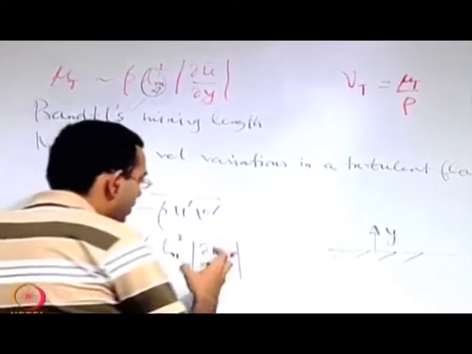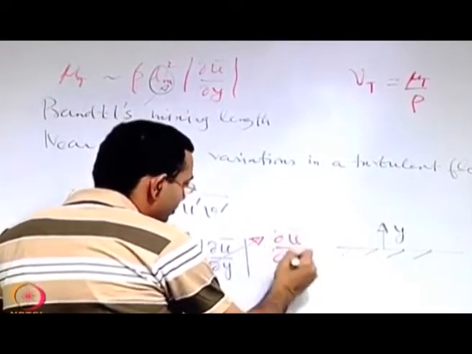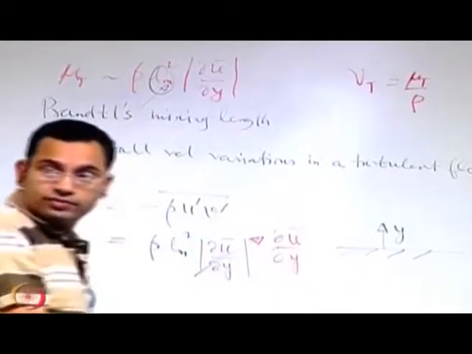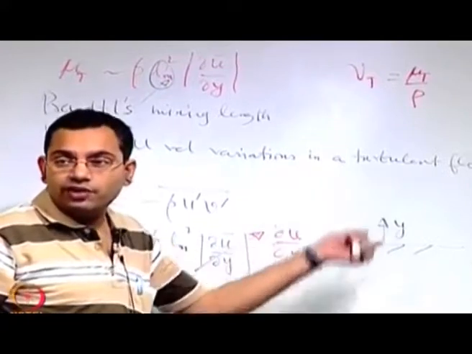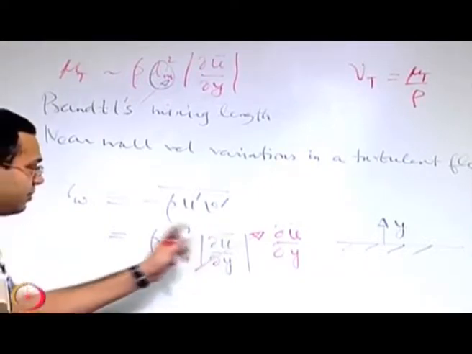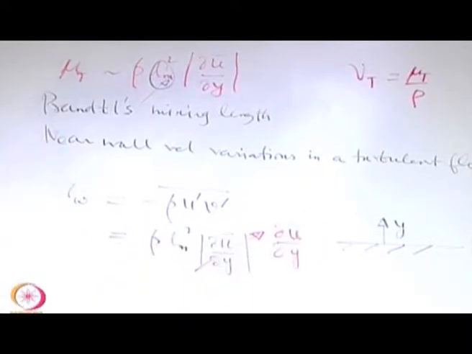Therefore, it is just possible to write it as du dy without going for the mod in this type of a case, because here u bar will increase with y from the wall. At the wall it will be 0 because of the no slip condition. So that is the first thing that we do by appealing to the physical picture.